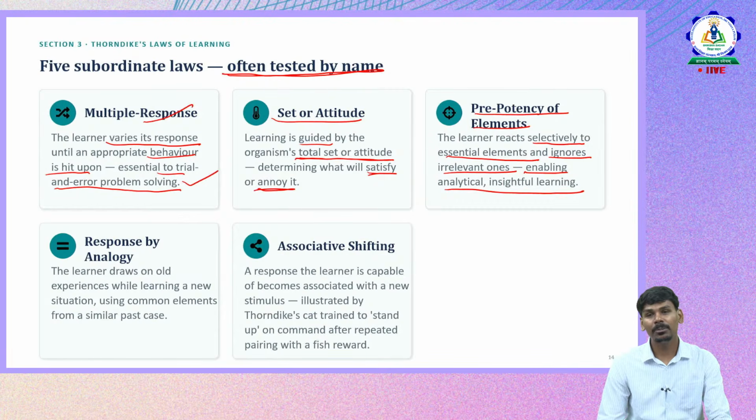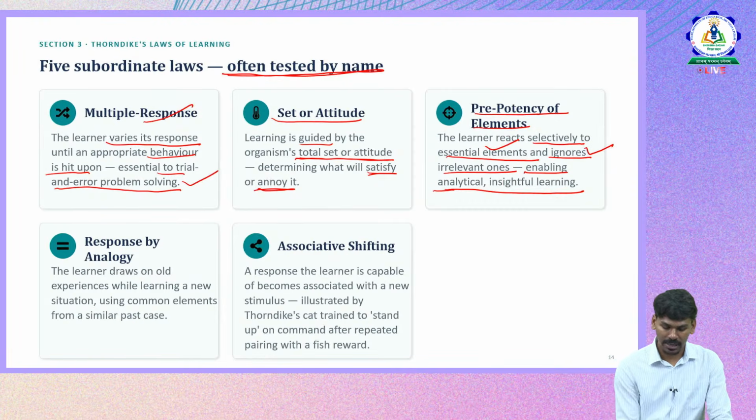So when the child is able to make the differences and understand, when they are learning a particular concept, what are the essential elements that are necessary and what are the elements that can be ignored or irrelevant, when this is achieved, it can enable analytical, insightful learning.